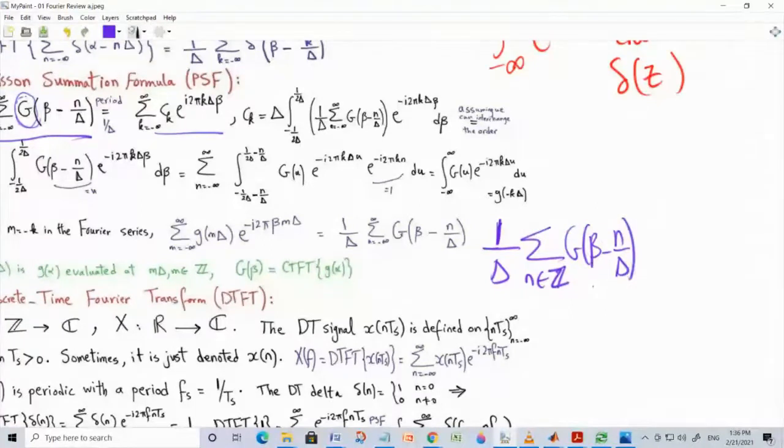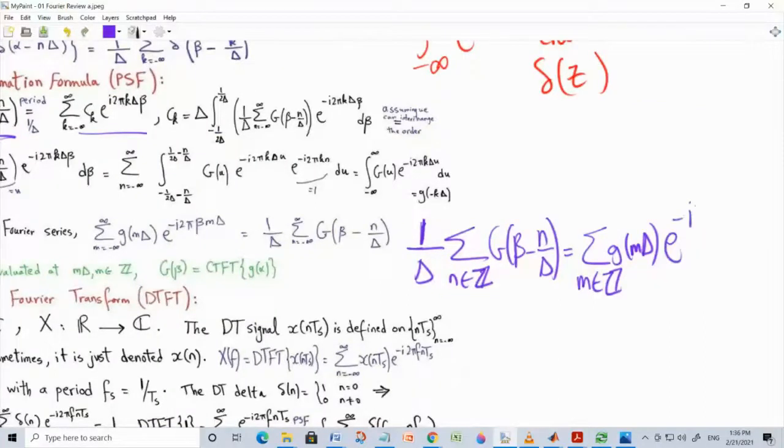So this is our starting function. Once you do the complex Fourier series and obtain the coefficients, you will find that this thing is equal to summation m belongs to Z, the set of integers, g of m delta e to the minus i 2 pi beta m delta.